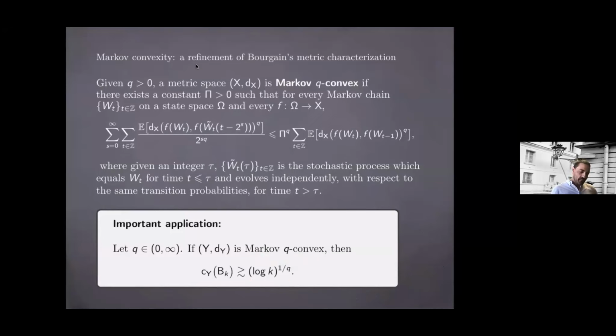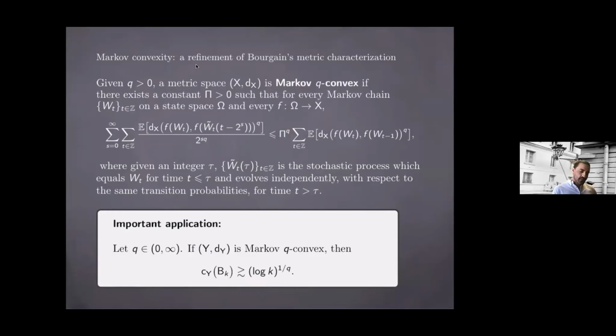Now, it might not be completely obvious why this gives you that. The reason is, first, Markov convexity is a bi-Lipschitz invariant. This is clear from the definition. And to show that you have this distortion lower bound, you need to show that the best Markov convexity constant in this inequality is at least log k to the 1 over q.